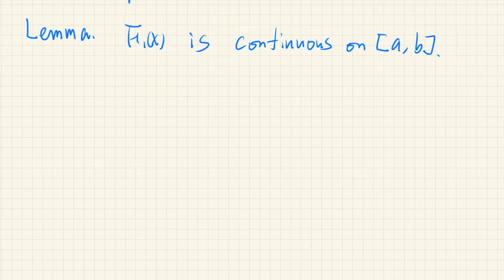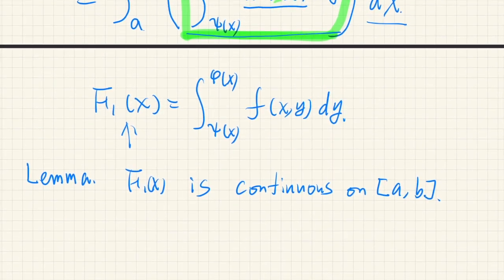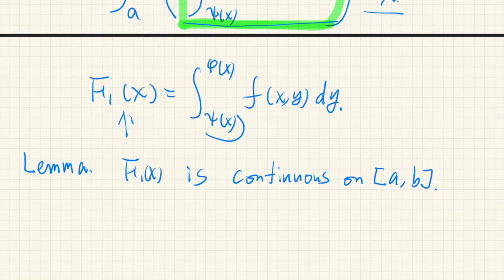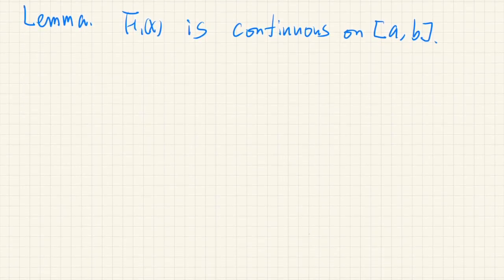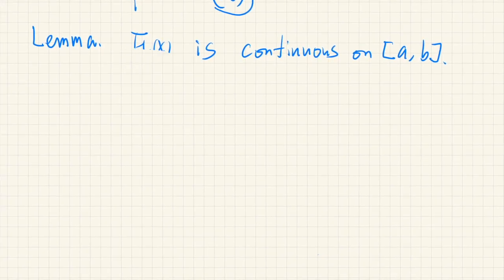All right, let's prove this lemma. First of all, we are assuming that psi and phi are continuous functions. To show that this function is continuous on this closed interval, we show that this function is continuous at each point in this interval.